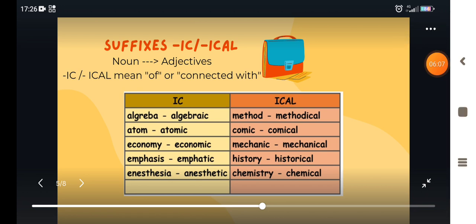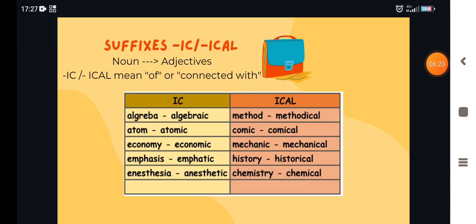So, depending on the context, maybe we can use these adjectives. Some examples could be with algebraic or with atomic. For example, the first atomic bomb was made in the US.